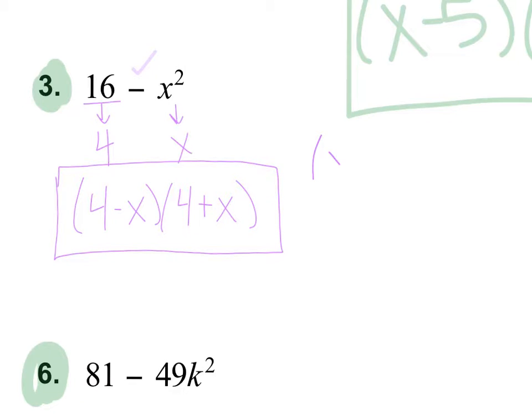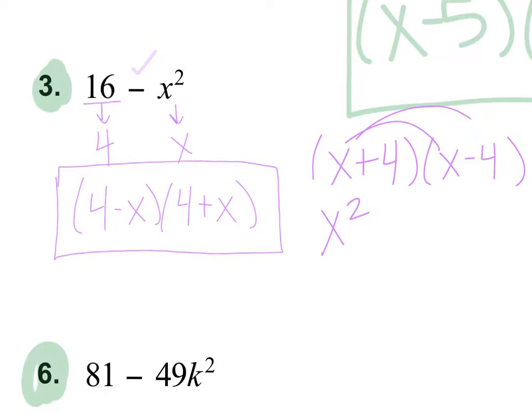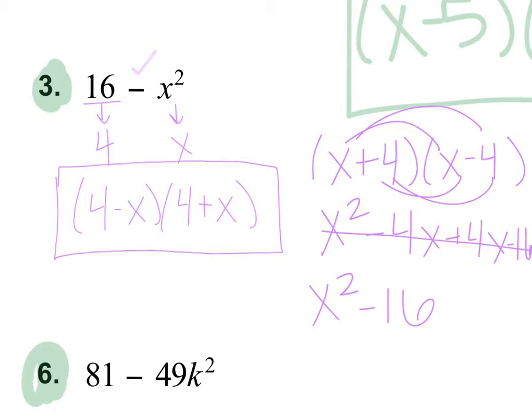If you write x plus 4 and x minus 4 and you try to distribute that out, you would end up with x squared minus 4x plus 4x, and then you'd end up with minus 16. So x squared minus 16. However, in our problem, if we were to rewrite this, we would have negative x squared plus 16.